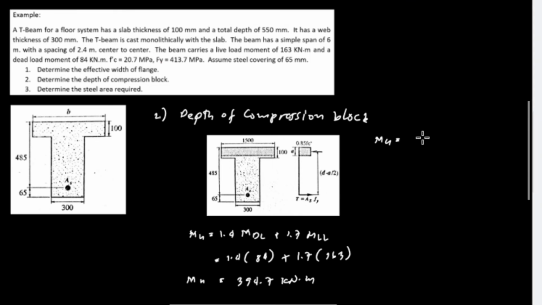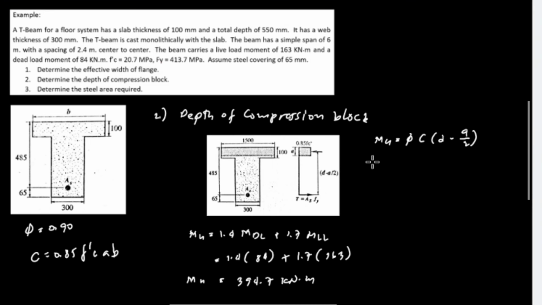Mu is equal to theta times C times d minus a over 2, where theta is equal to 0.90 and C is equal to 0.85 fc prime a b.